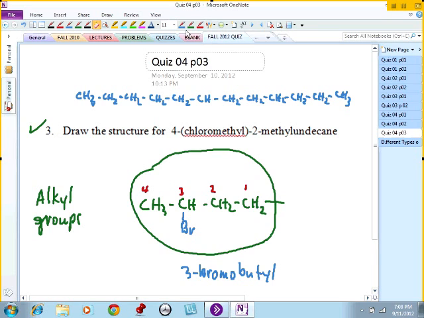Take this out, right? I'll now place this fragment: CH2, CH with the bromine in there, and CH3. What do you think I will call that compound?